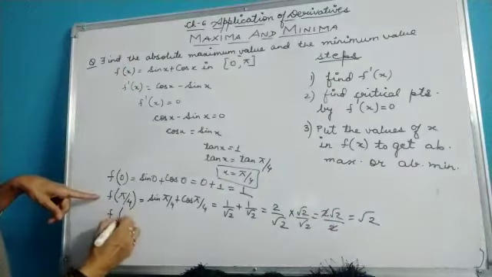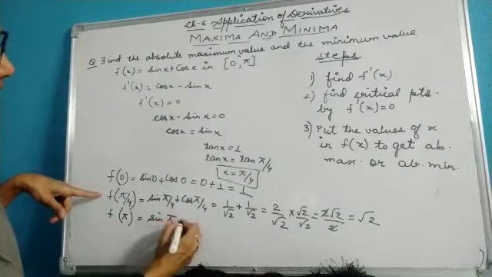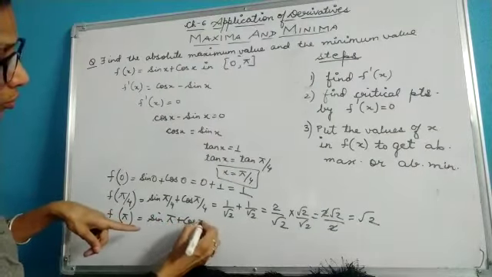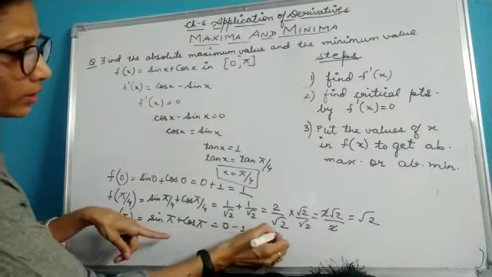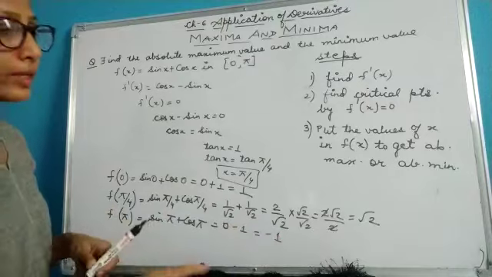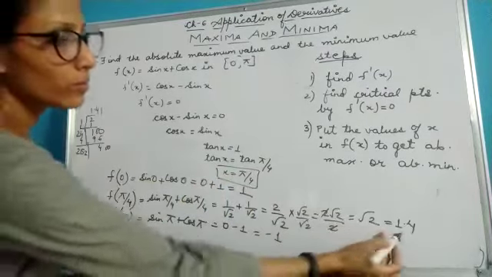Now calculate for pi. I am getting sine pi plus cos pi. You know sine pi is 0 and cos pi is minus 1. Now this root 2 value, you know it's greater than 1, which is 1.4.